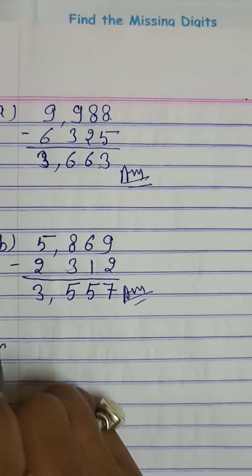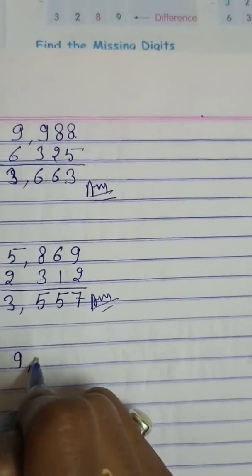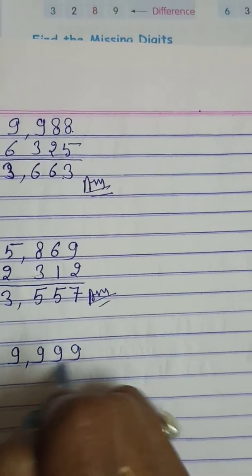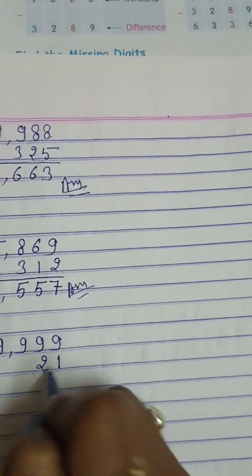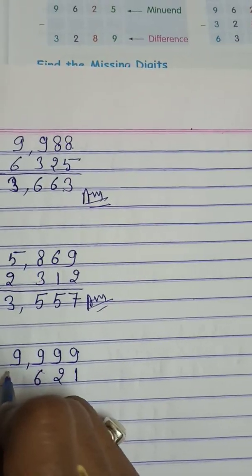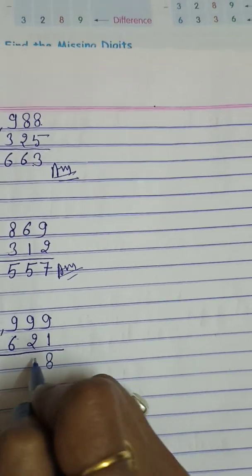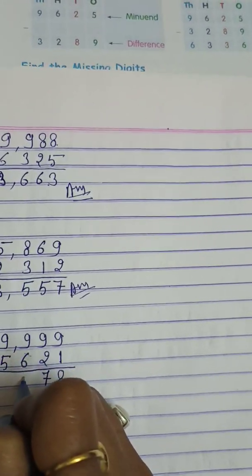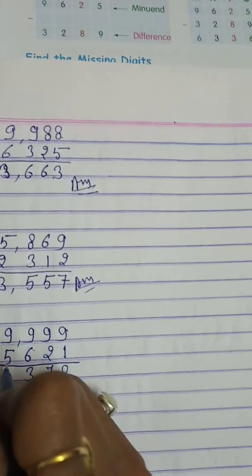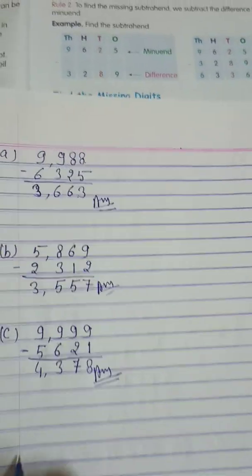Question C. Our first number is 9999 and the second number we have to write like this, minus it. So we minus 1 from 9, we have 8. 2 from 9 we have 7. 6 from 9 we have 3. 5 from 9 we get 4. So this is our answer.